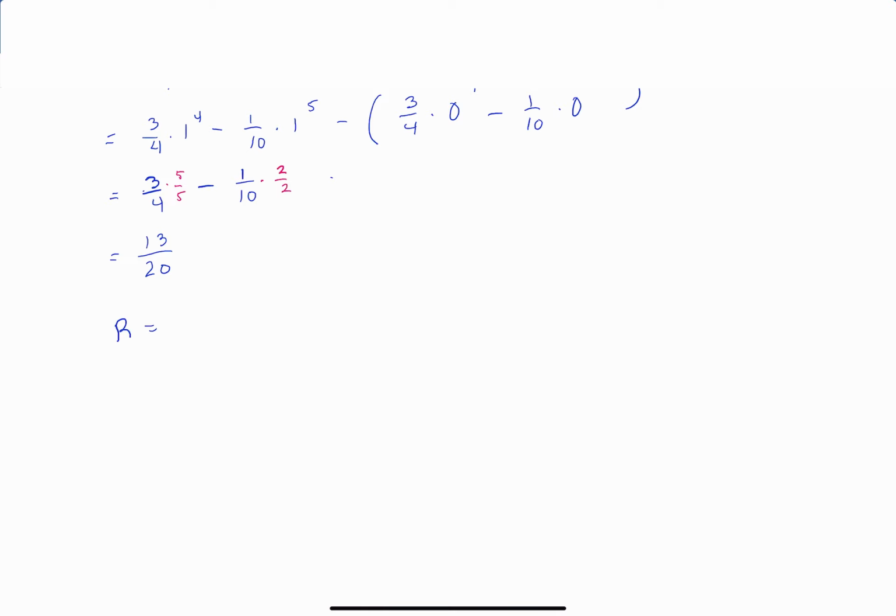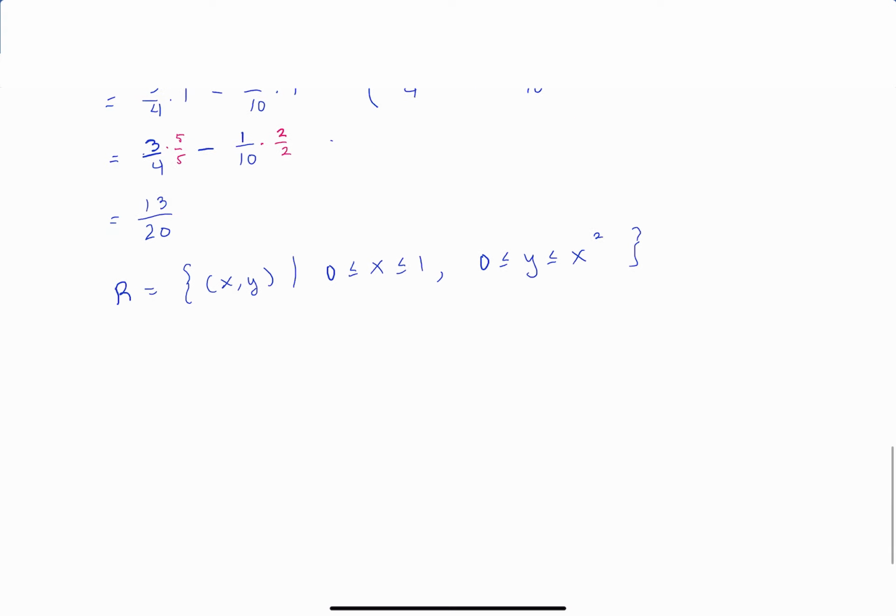So the region is the set of xy pairs such that x is between 0 and 1, and y is between 0 and x squared. But that doesn't tell us much more than the limits of integration did. So let's see what that looks like.